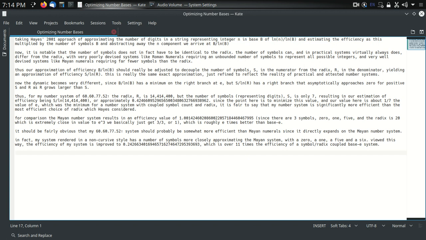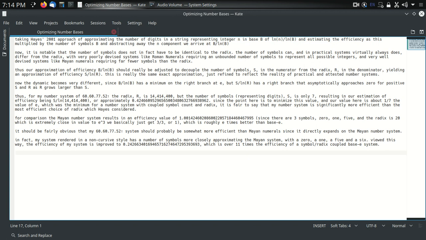But s on ln of r has a right branch that asymptotically approaches 0 for positive s and r as r grows larger than s. So depending on what you choose for these values, if your r value is arbitrarily larger than s, then we're approaching 0. Whereas their best one for b on ln b was approaching e, we can approach 0 here.